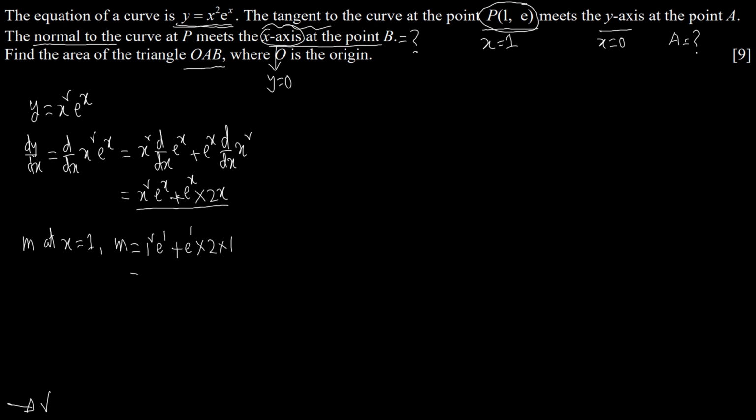So from here, it is e plus 2e. So our gradient is 3e. This is the gradient of the tangent, because dy by dx always gives the gradient of the tangent.